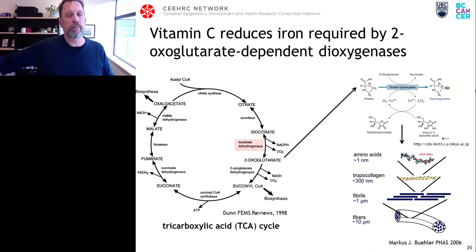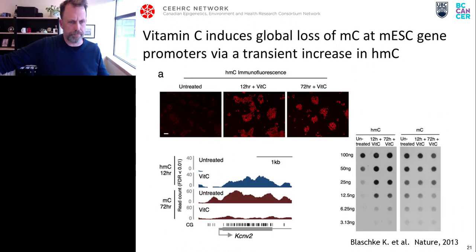In the absence of vitamin C, this hydroxylation does not occur, and you get collagen breakdown. Vitamin C is required for this reaction and acts to reduce iron, and this reduction is required for active proline hydroxylation.